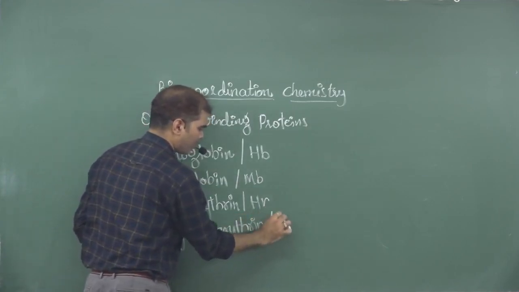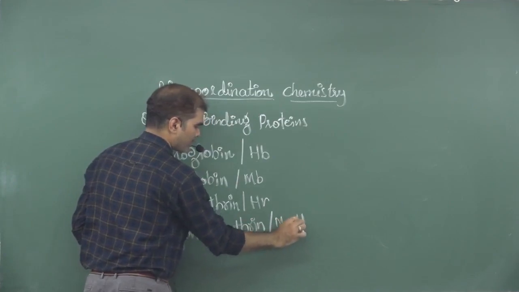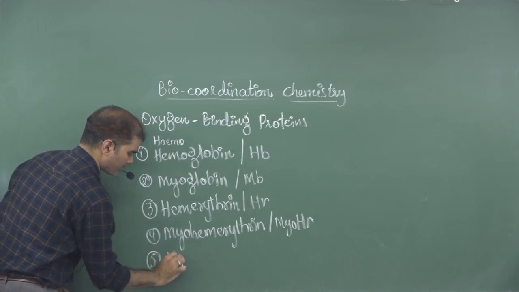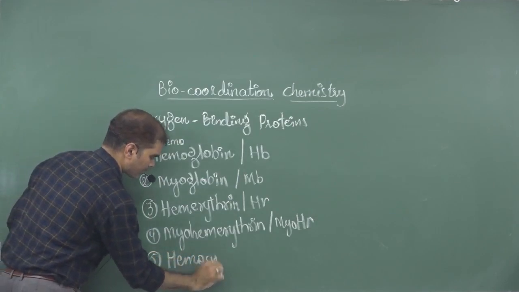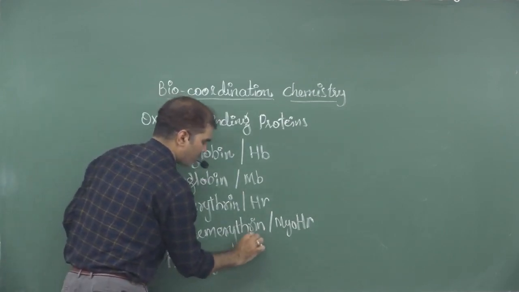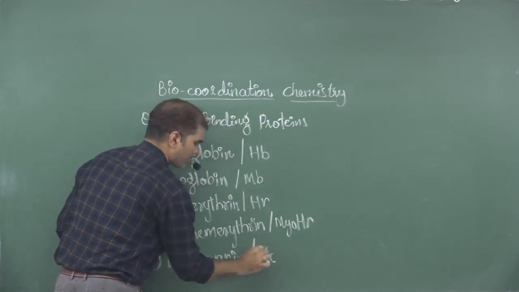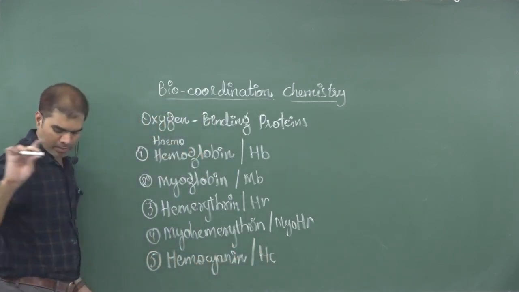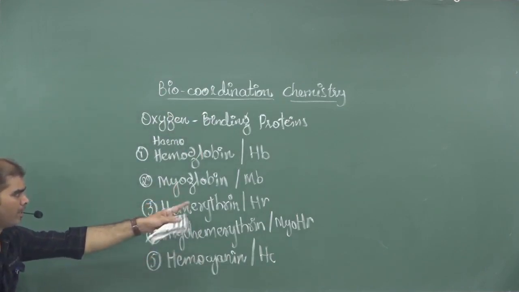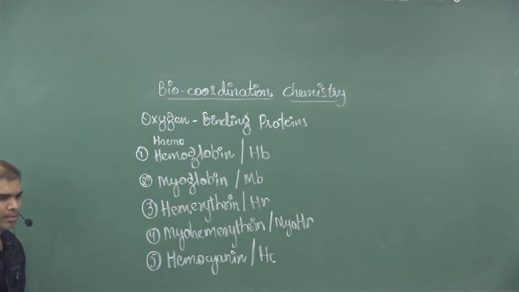Myohemerythrin is abbreviated as MyoHR. Last one is hemocyanin, abbreviated as HC. Capital H, small b, capital H, small c, capital M, small b, capital H, small r. Those are the abbreviations.